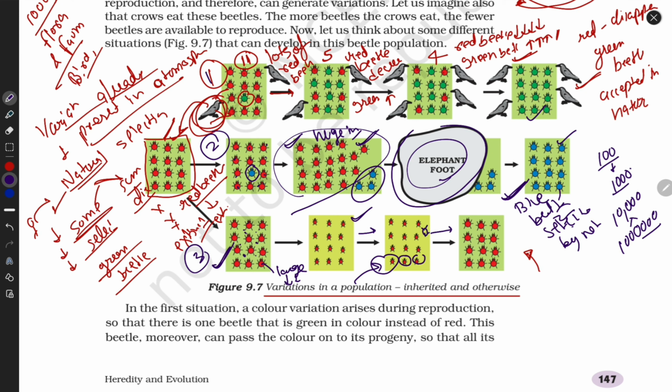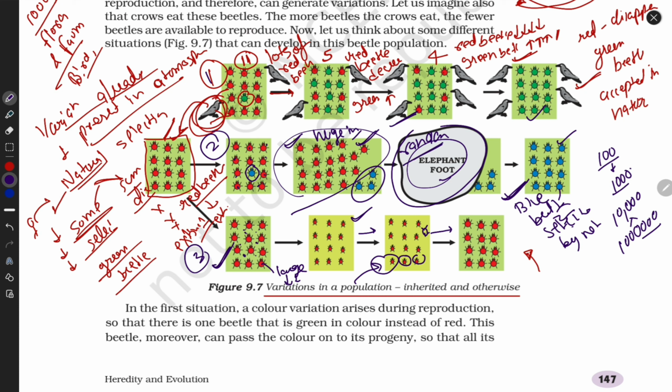Okay, these are three conditions in the atmosphere. First, there is no earthquake, no flood, nothing. There is an enemy, a predator who intentionally feeds on beetles. Second is nothing intentional, it is a random process. They don't intentionally want to feed on red beetles.